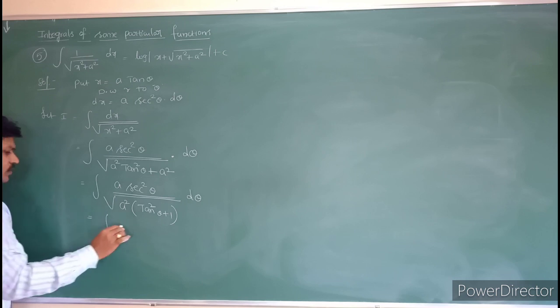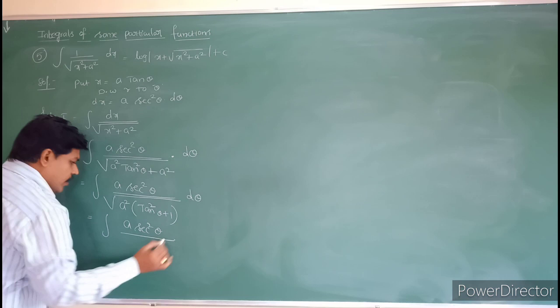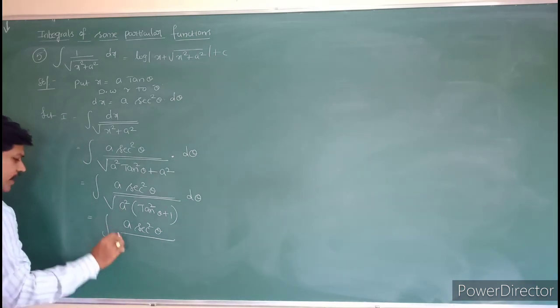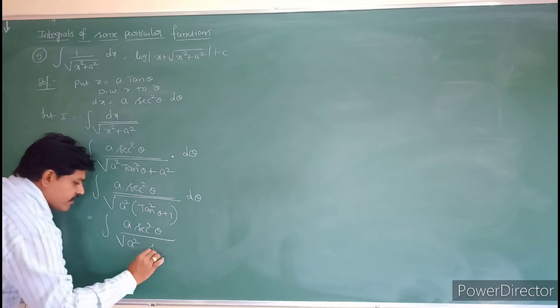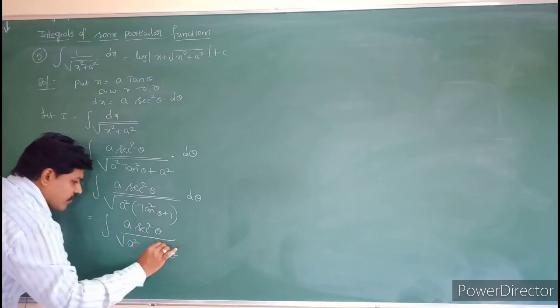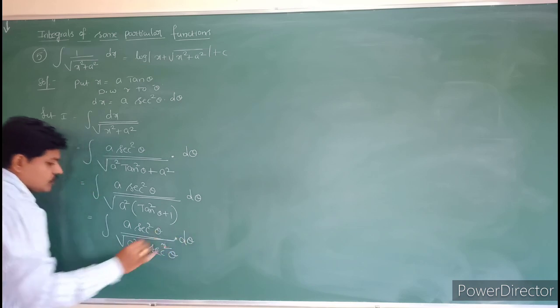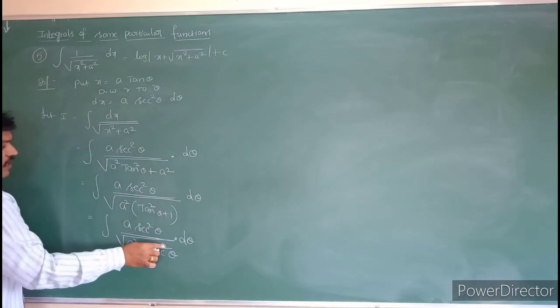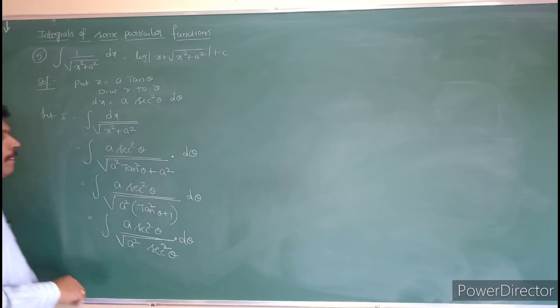Integral of a secant square theta by root of a square into 1 plus tan square theta, into d theta. What is the 1 plus tan square theta value? It is secant square theta.